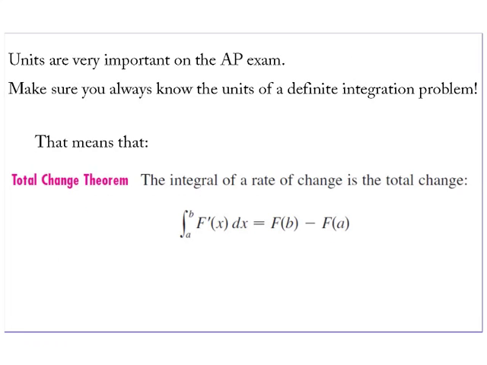It's because if you think about the units here, you have a rate for F prime of x. Capital F prime of x is always a rate. dx is always just a unit, and when you multiply these units together, something's always going to cancel out, which gives you the total change, not as a rate. So again, pause this if you need to write that down, but let's get some concrete examples.